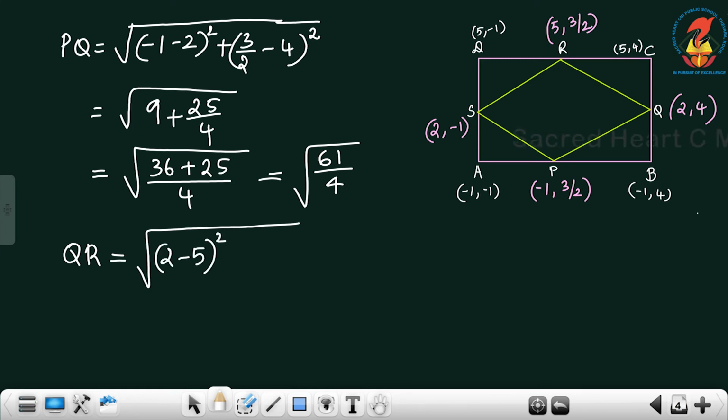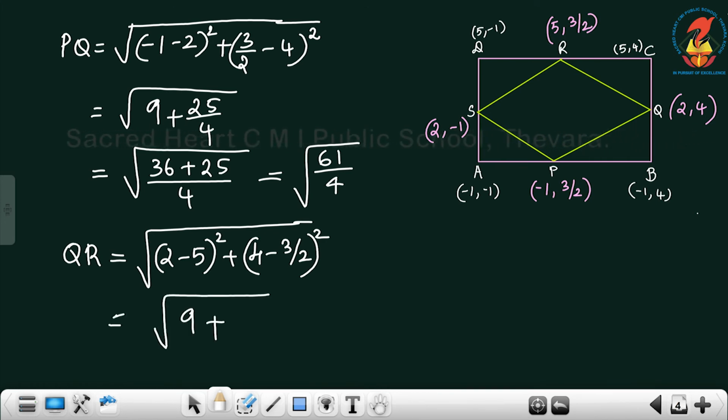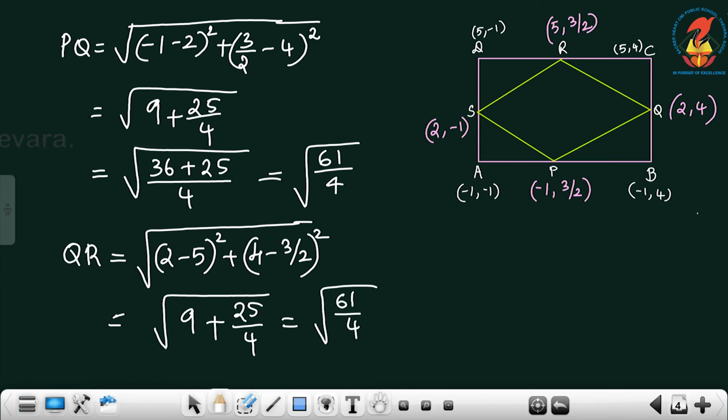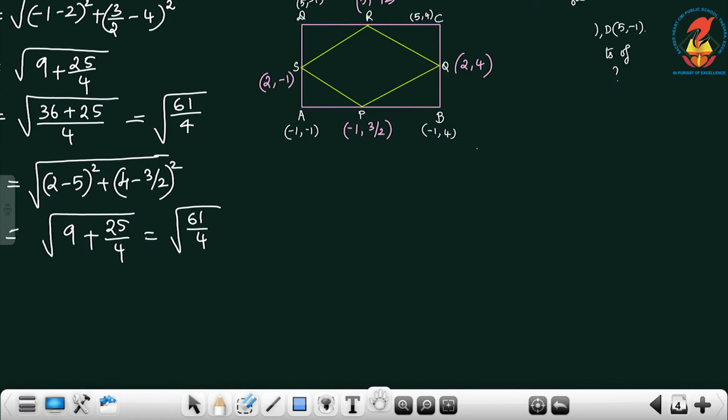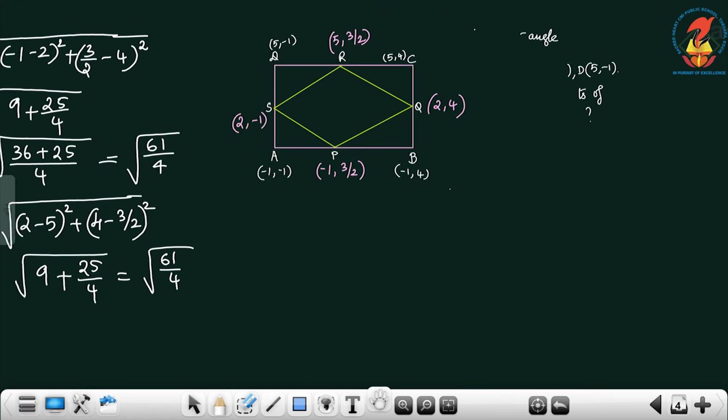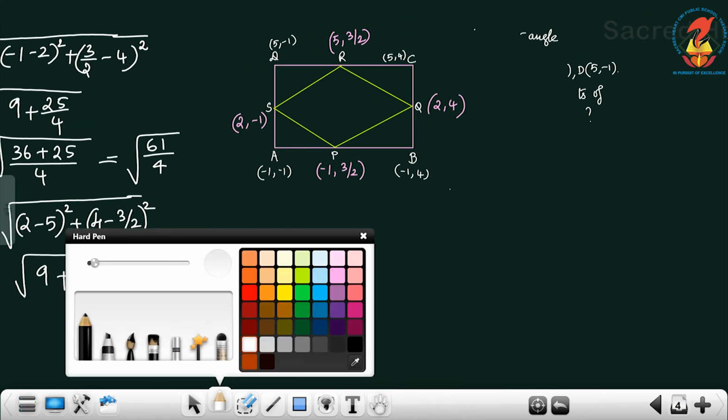2 minus 5 the whole square plus 4 minus 3 by 2 the whole square. 2 minus 5 means negative 3, the whole square 9, plus 4 minus 3 by 2. When I take the LCM, 5 by 2, which will be 25 by 4, which is the same as root 61 by 4. Then PQ I found, QR I found.